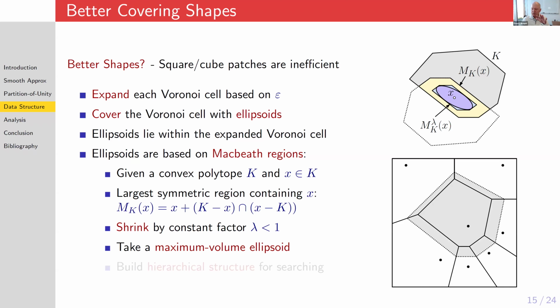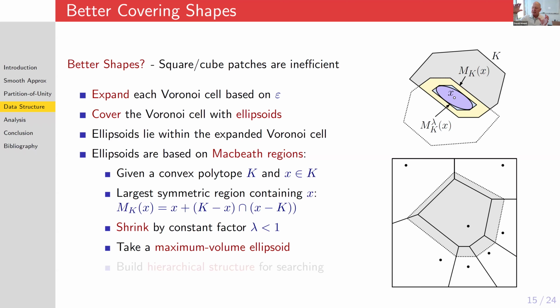In the context of the Voronoi regions, we are going to build this expanded Voronoi cell. By the way, where does this expanded cell come from? It comes from the following place. You do the lifting. You lift this onto the paraboloid. This is something that a computational geometer would understand. If you think of the Voronoi diagram as this polytope of points on a paraboloid, you take each of the facets of the polytope and push it up by a distance proportional to epsilon.